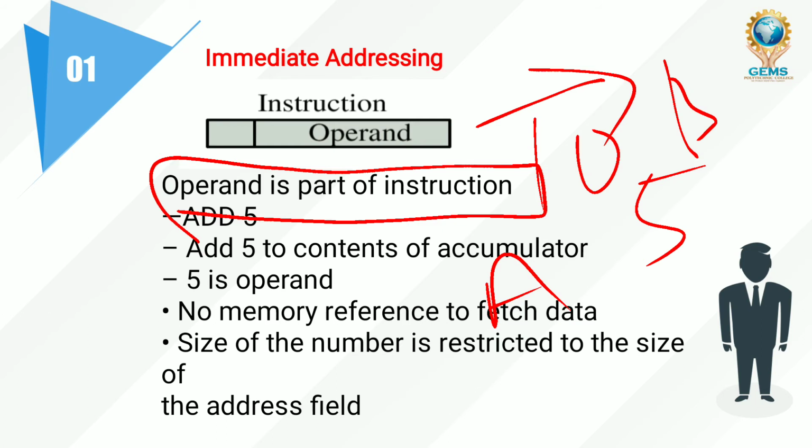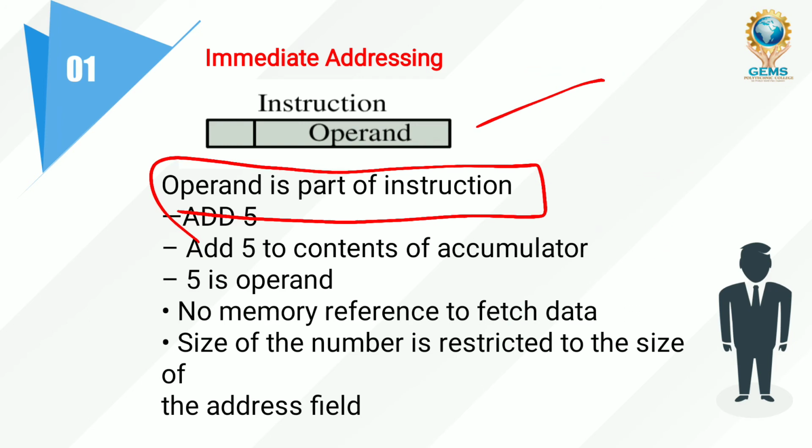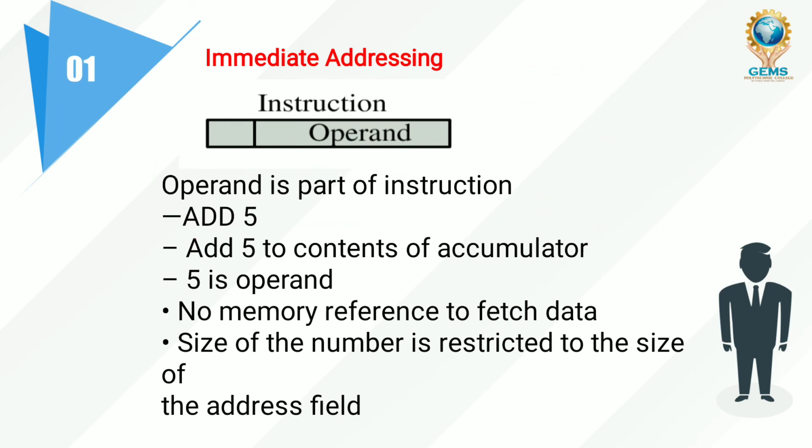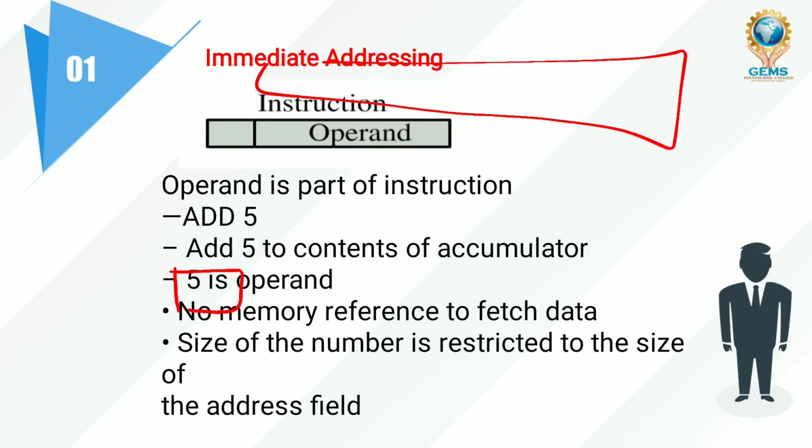Okay? Then look at here. Operand is a part of instruction. I already said that that thing is the instruction. I add 5 to the accumulator, and 5 is the operand. What is 5 here? 5 is the operand. Not only 5, 10, any data is called an operand.